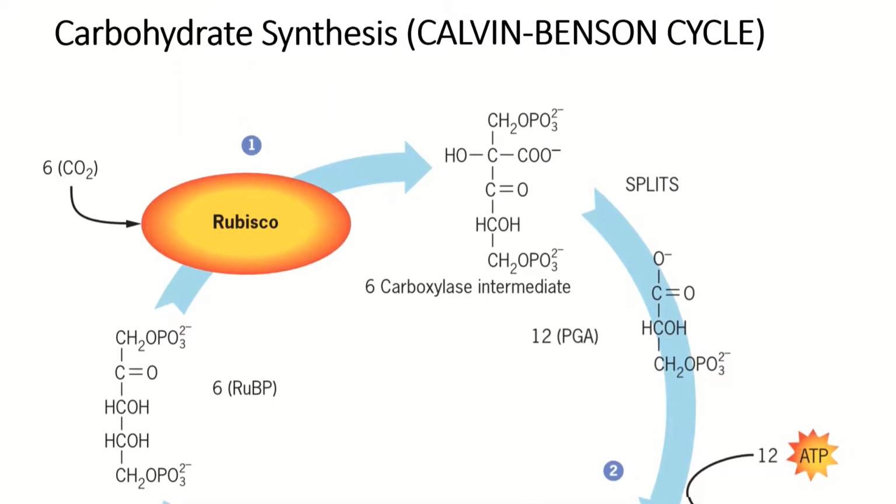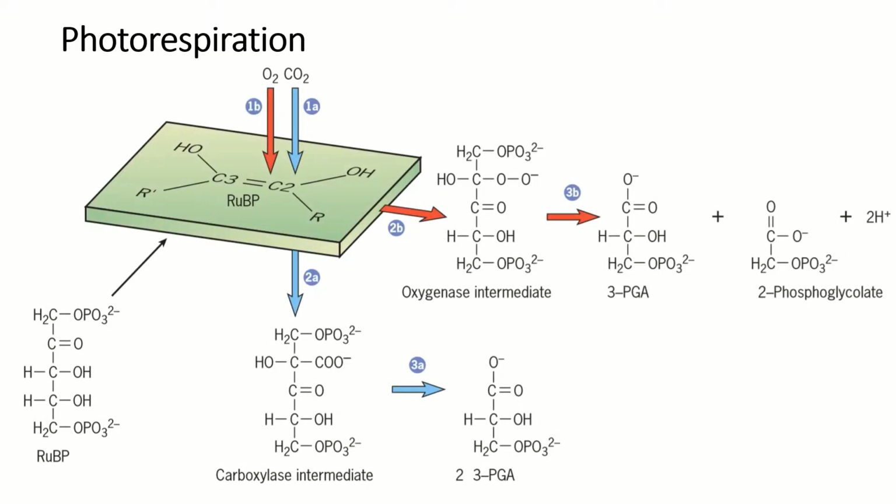All right, so let's talk about that other inefficient pathway where Rubisco is involved. So shown here in blue arrow would be the correct or the ideal pathway for carbon fixation, where carbon dioxide with the help of Rubisco is incorporated in ribulose biphosphate to form carboxylase intermediate, and then that will split into PGAs.